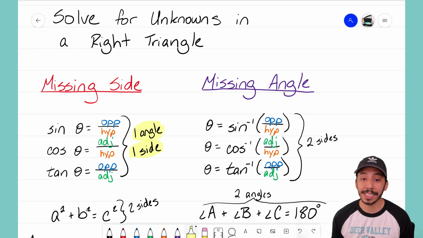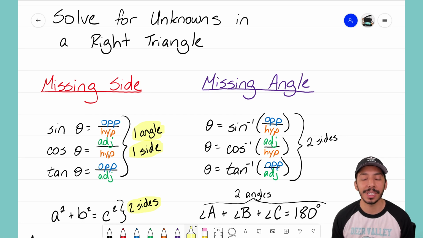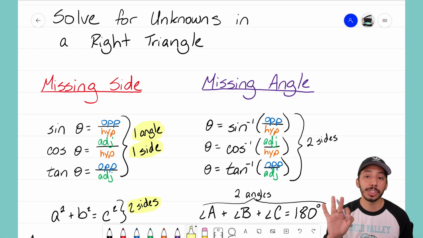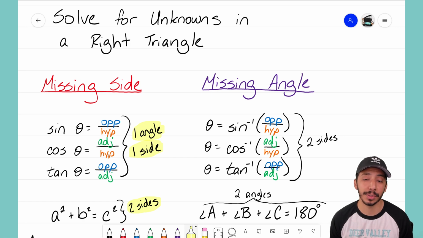Remember, a squared plus b squared equals c squared. We can use Pythagorean's theorem when we already know two sides of that right triangle and we want to find the third missing side. So those four tools allow us to solve for a missing side, depending on what information is given in that right triangle.